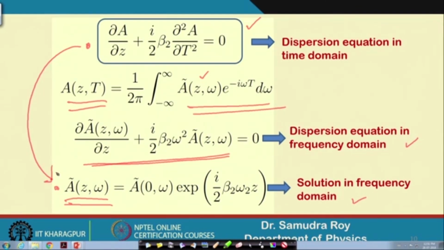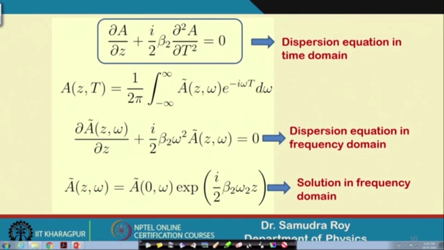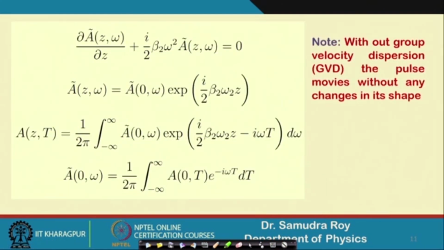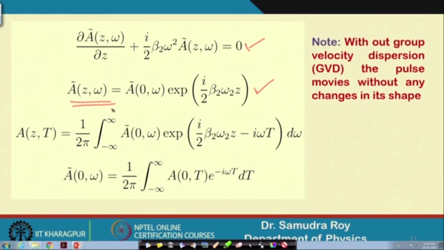Even so, we have the facility to make a transformation to find out the value of these things in the time domain. So, this is the equation and this is the solution, and once we have the solution in the frequency domain, I can know the solution in the time domain, because I will again take a Fourier transform of that.